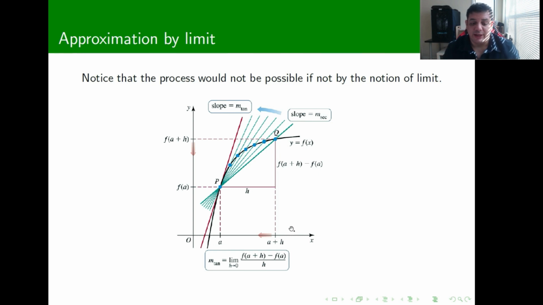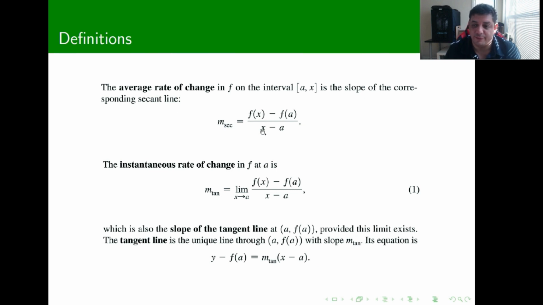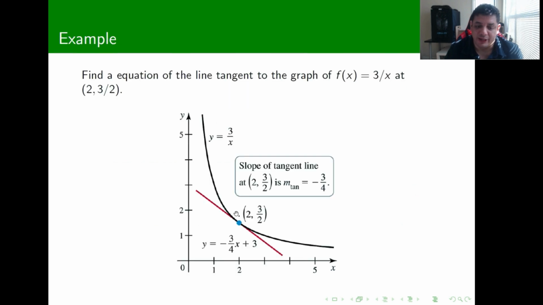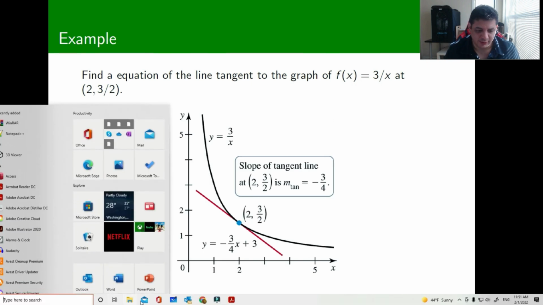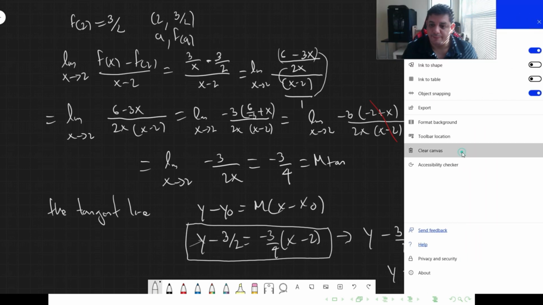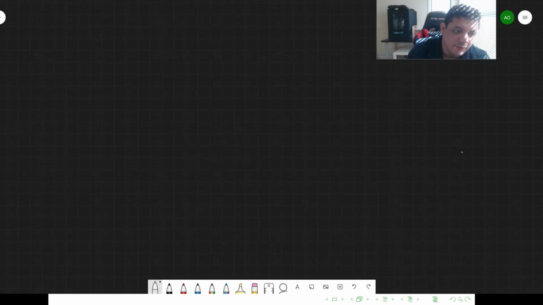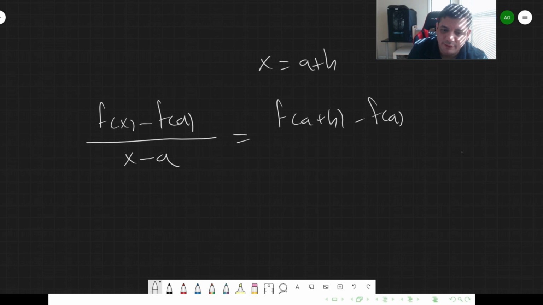So now I can replace, instead of using the formula of f of x minus f of a over x minus a, I'm going to replace x by a plus h. And so if I replace x, well, let me do that in the formula. So you can see there is equivalent. If I have f of x minus f of a, which was my initial quotient, but now I'm replacing x by a plus h, this becomes this.